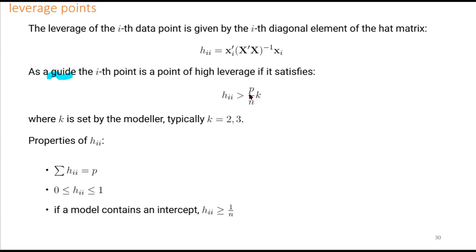And if it's bigger than some multiple of the average size you can expect, then we'll call it a point of high leverage. Again, subjective. There's no reason for picking 2 or 3. If you're more conservative, you might want to pick a lower value.